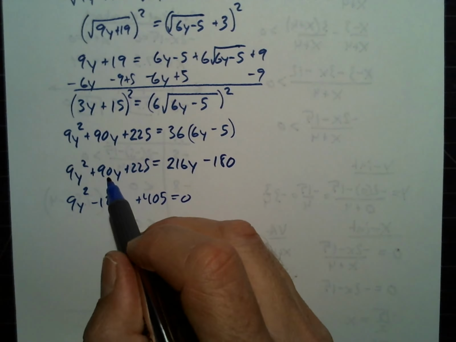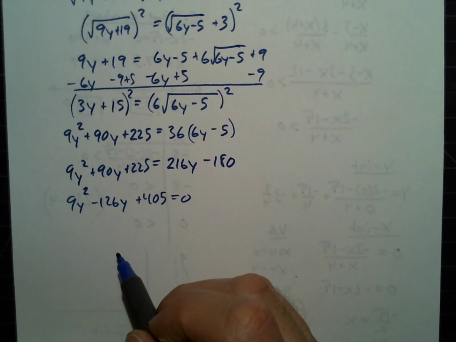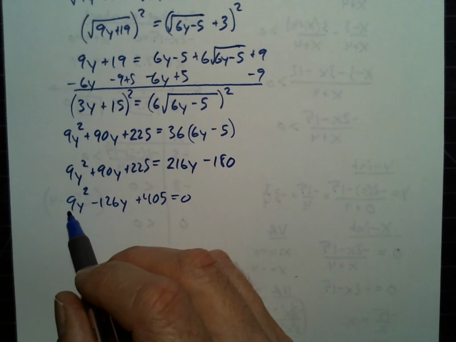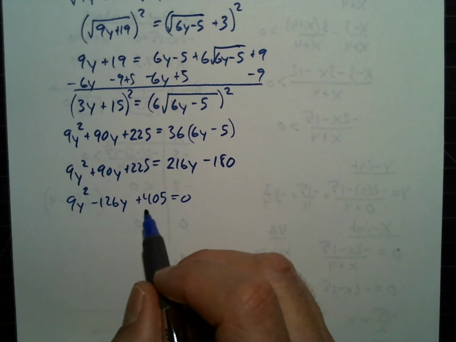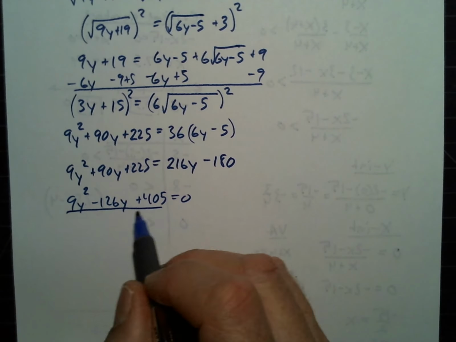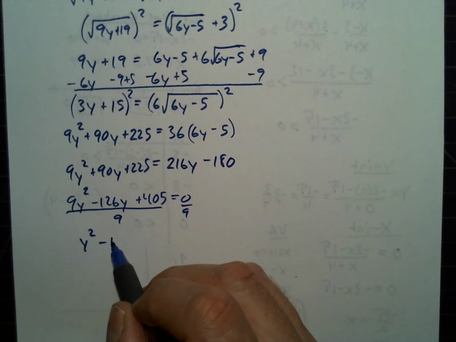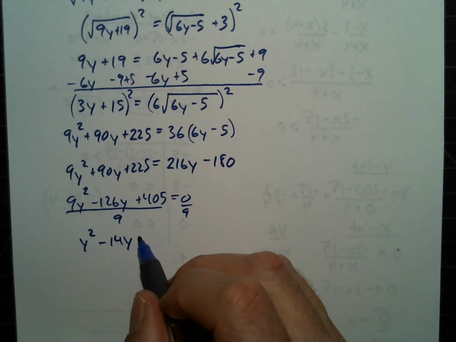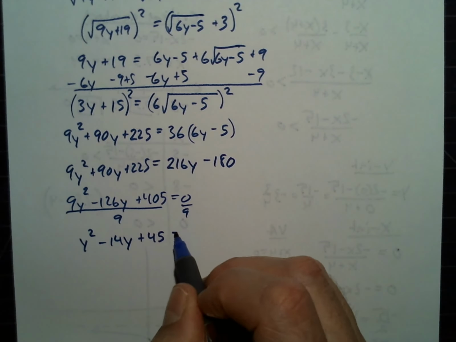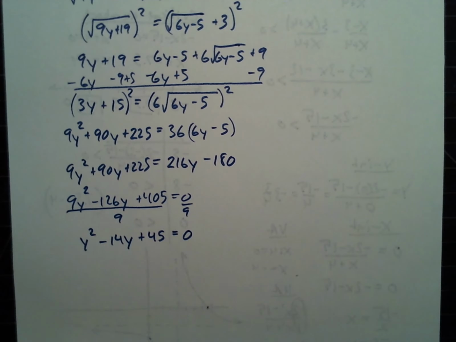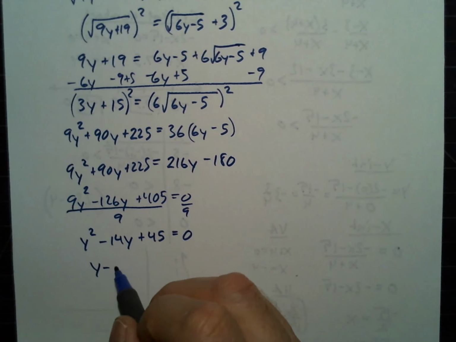We're going to subtract 216y. And these are all divisible by 9. We'll divide everything by 9. Factor.